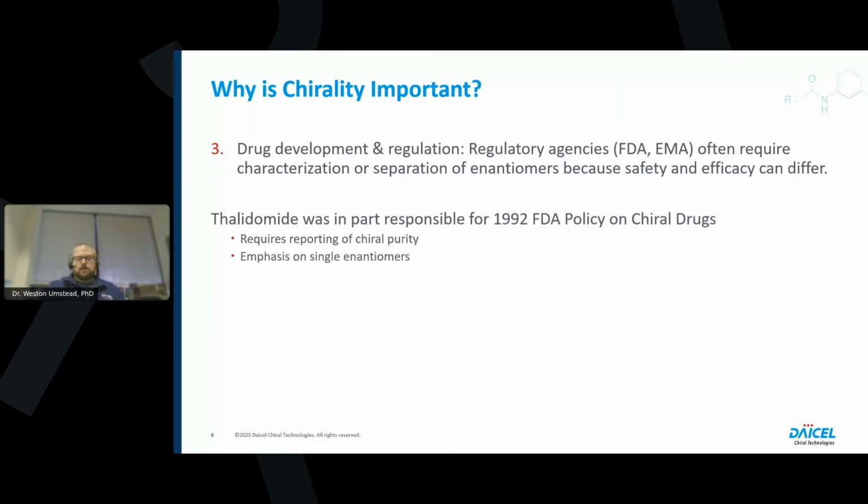So in response to thalidomide, but also some other cases, the FDA launched in 1992 its policy on chiral drugs, which required that chiral purity be reported in all cases where there is chirality within that molecule. It emphasized that if there is no potency for one of those, or obviously if one of them is unsafe, the single enantiomer must be produced for that drug when it is launched to market or passes through clinical trials. So an emphasis on single enantiomers became really important.